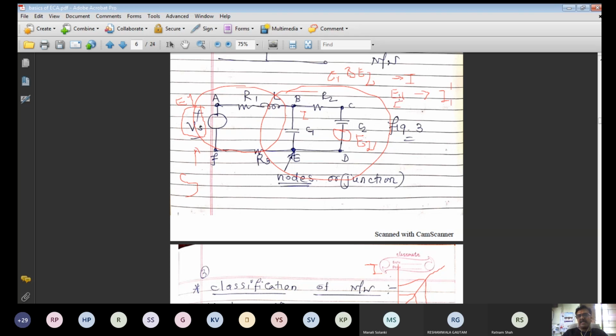And in the third case, E2 is connected, E1 is short circuited, and I'm getting the response, say I1 double dash.